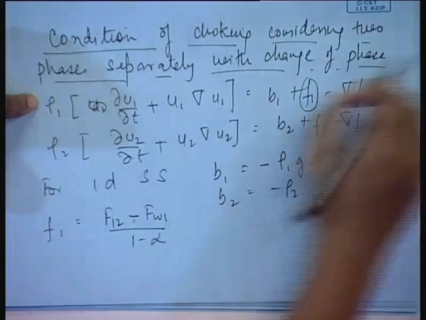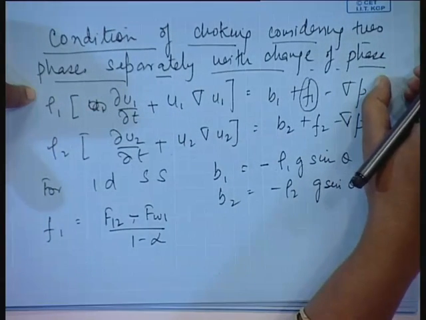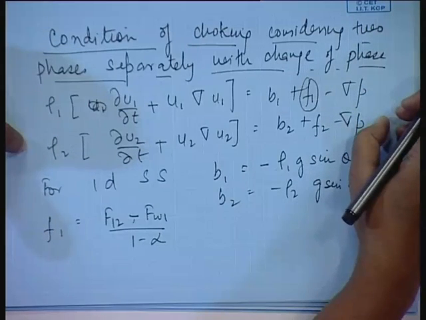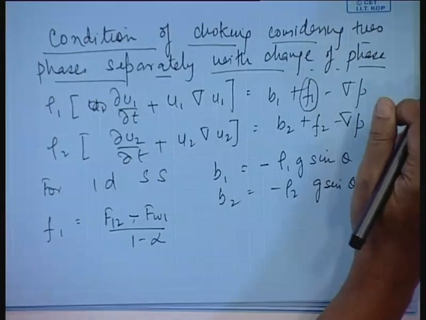So, this entire expression was for unit volume of fluid 1, and this for unit volume of fluid 2. Now, for combining, suppose something is for unit volume of fluid 1, and we have a unit volume of the two fluid mixture. Out of this, how much of fluid 1 is there? Alpha amount is fluid 1, 1 minus alpha amount is fluid 2.